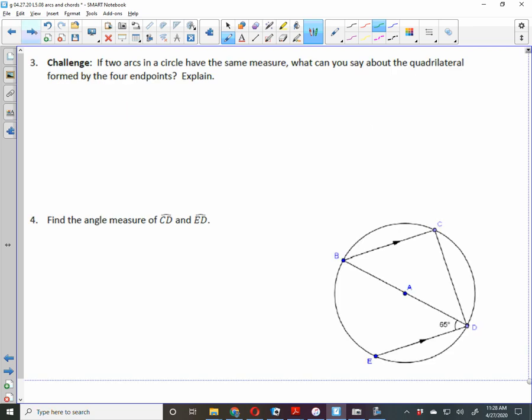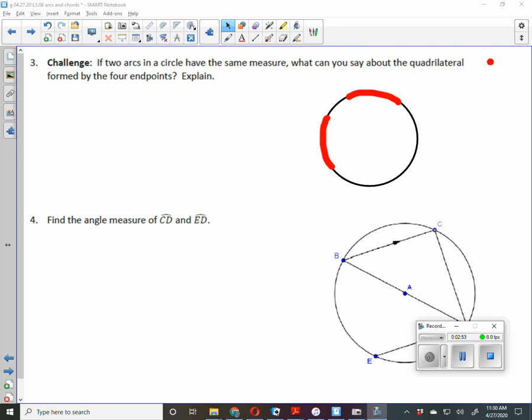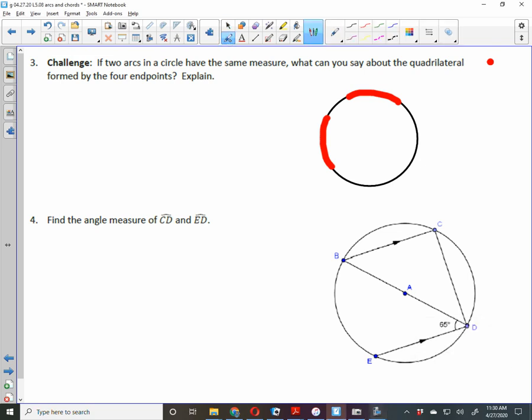If two arcs in a circle have the same measure, what can you say about the quadrilateral formed by the 4 endpoints? That's interesting. Let's go ahead and draw this and see what we think. All right, so here's two arcs that are congruent.